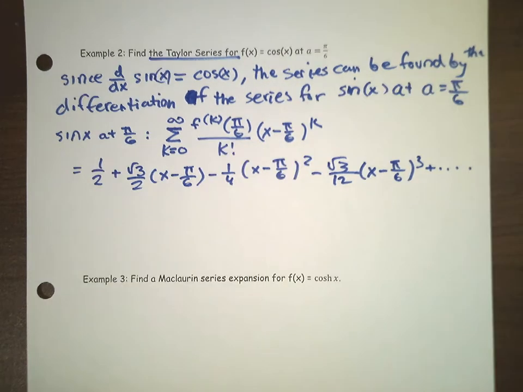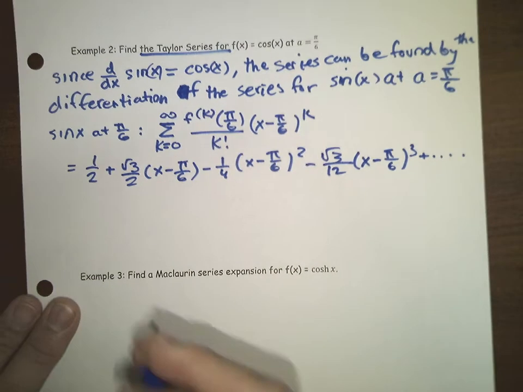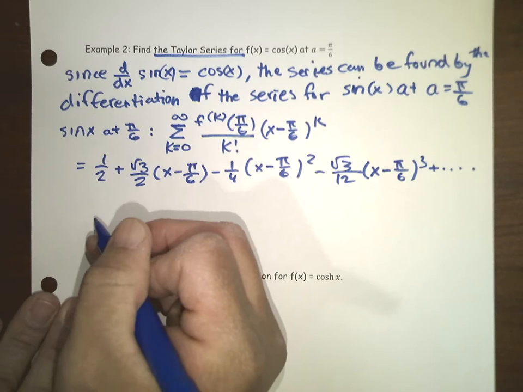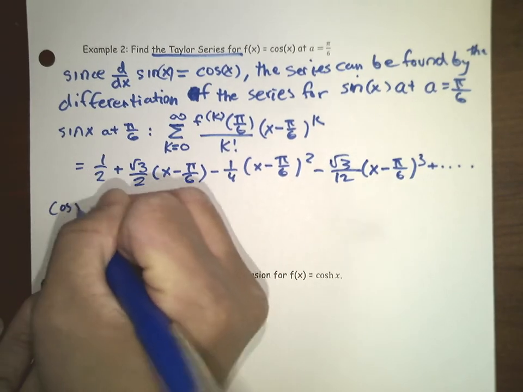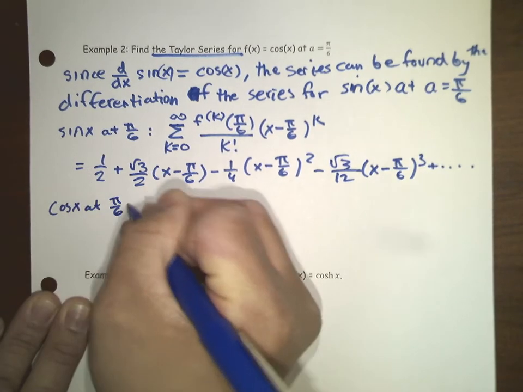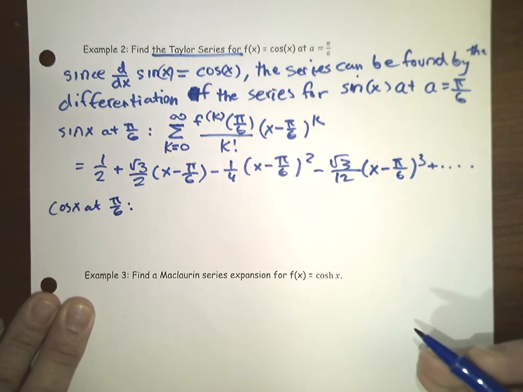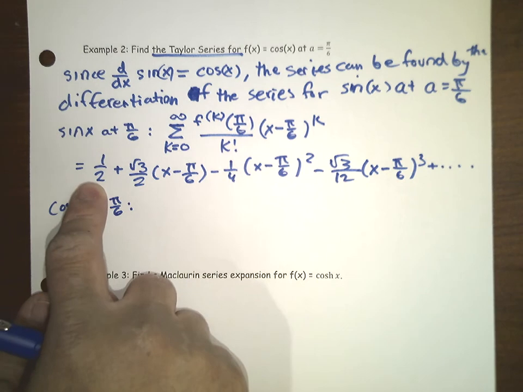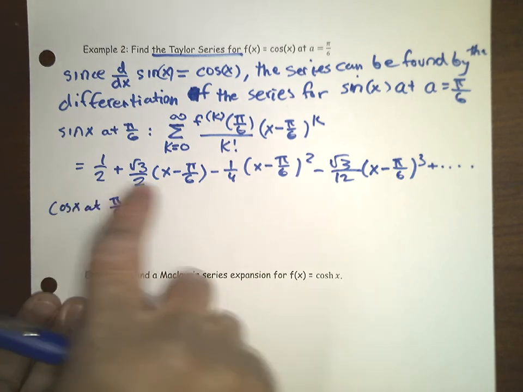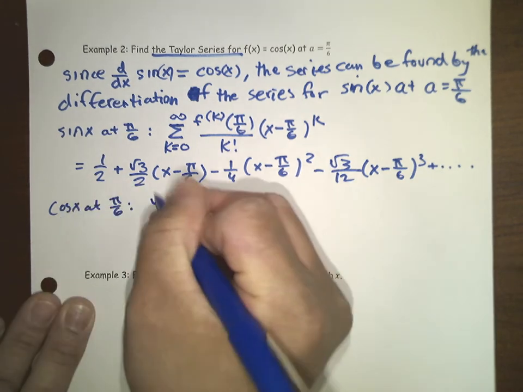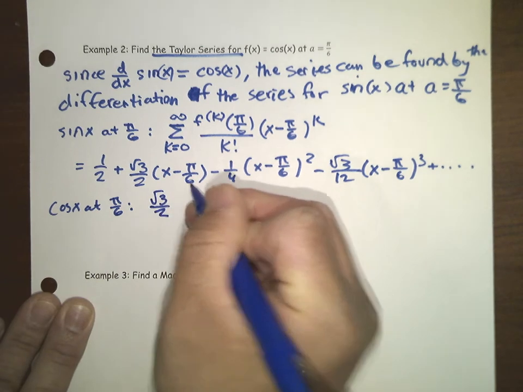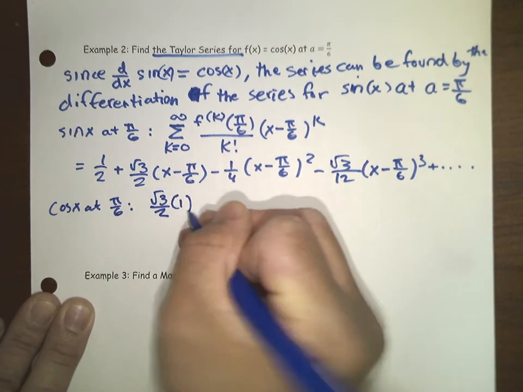So that means the series for the cosine of x at pi over 6, well, the derivative of a half is 0. Then we have square root of 3 over 2 times the derivative of x minus pi over 6, so that's 1.